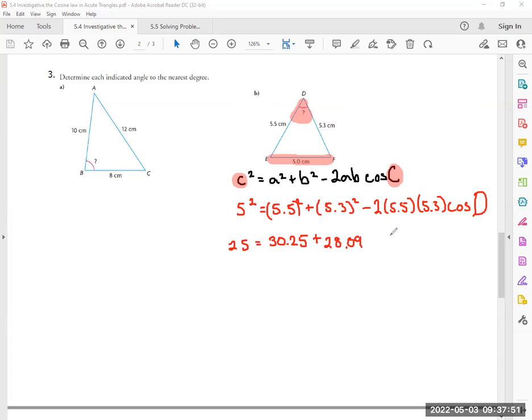And then negative 2 times 5.5 times 5.3, negative 58.3 cosine D.